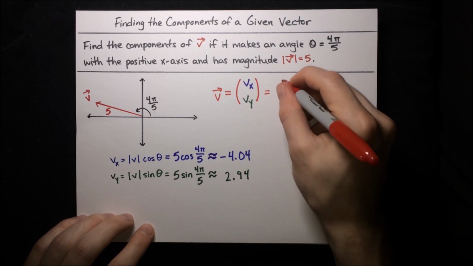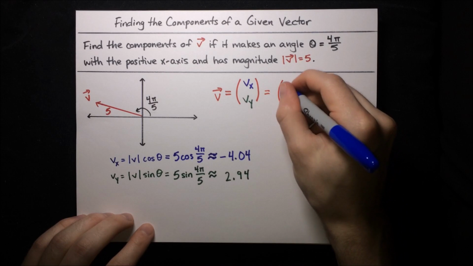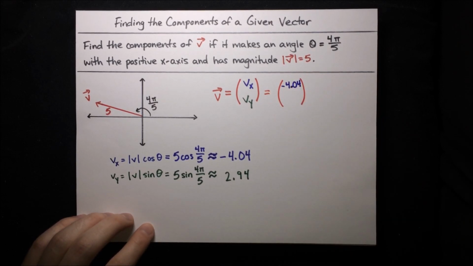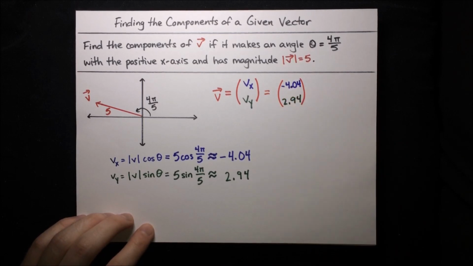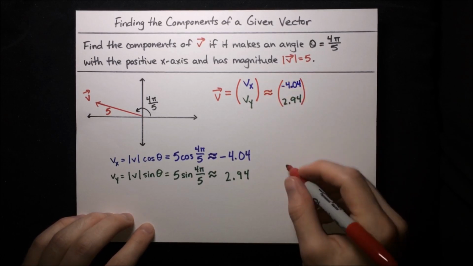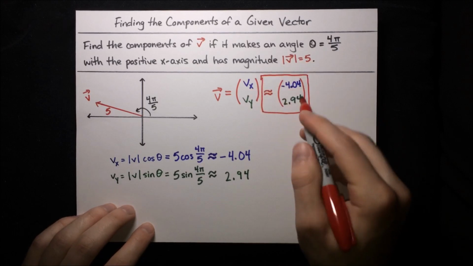So let's write that over here. Vx is approximately negative 4.04, and then Vy is approximately 2.94. Just to show that it's approximate, let's turn this into an approximate sign, and there we go. That is the component form, approximately.